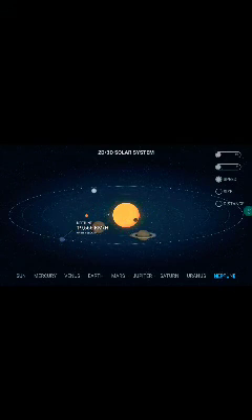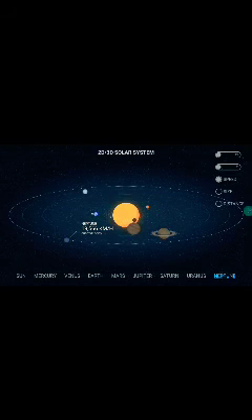A celestial body like Pluto can be classified as a dwarf planet. Pluto takes around 248 years to complete its revolution around the sun, whereas it takes around 6.38 days for one rotation.